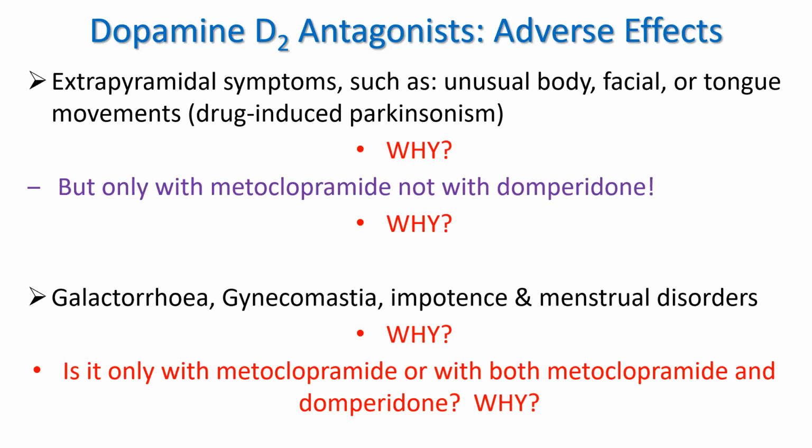Clinically, both of them are able to do it. Typically many people say it's only metoclopramide, but my understanding is both of them can do that. It depends on the dosages.